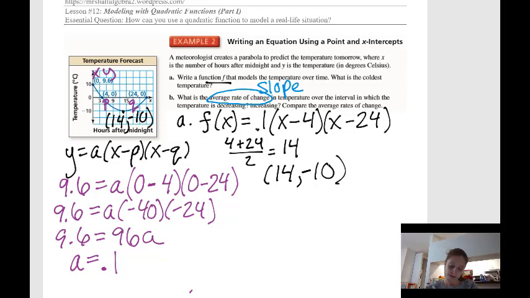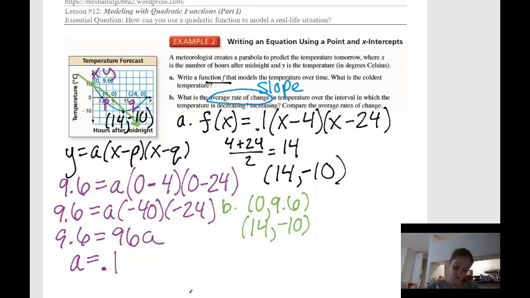Okay, decreasing from 0, 9.6, from that point to the vertex, 14, negative 10.